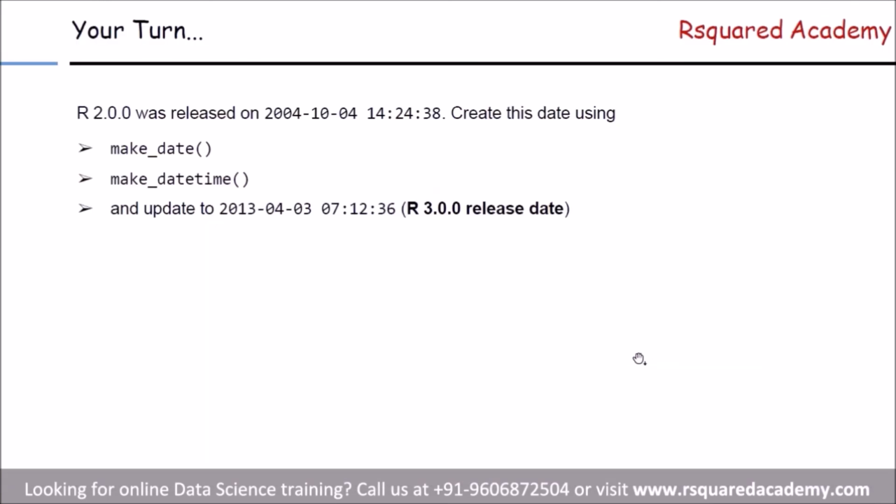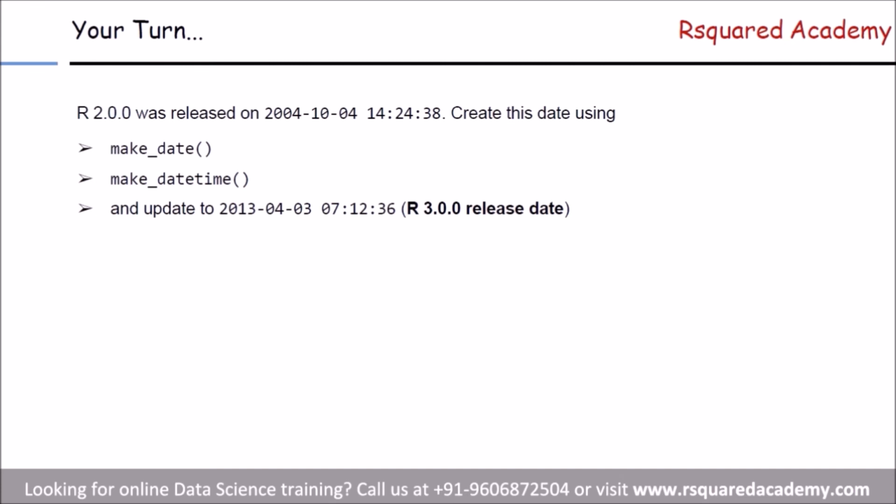Now we'll go back and look at a few practice questions for you. So R 2.0 was released on 4th October 2004, right? Now create this date using the make_date function and the make_datetime function, where you'll also include the time component and the time zone, and then update that date to the release date of R 3.0.